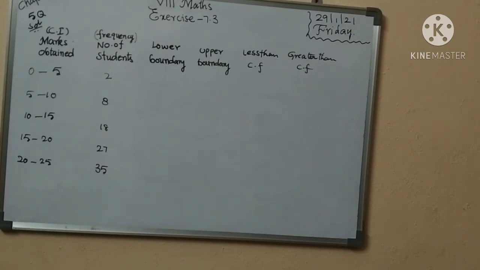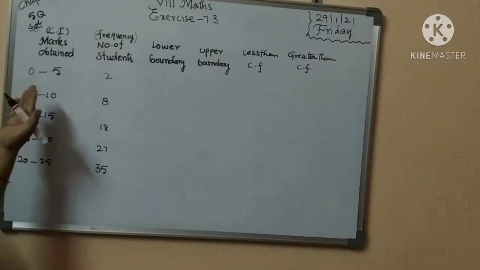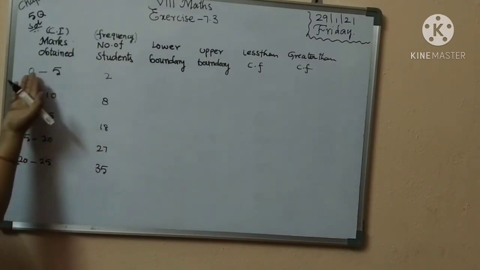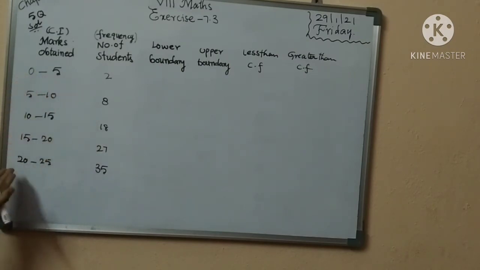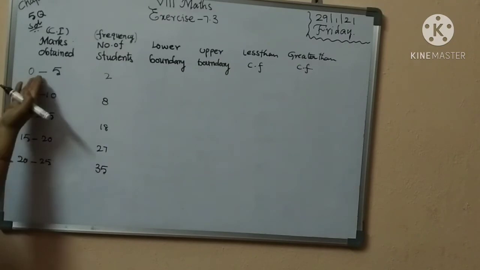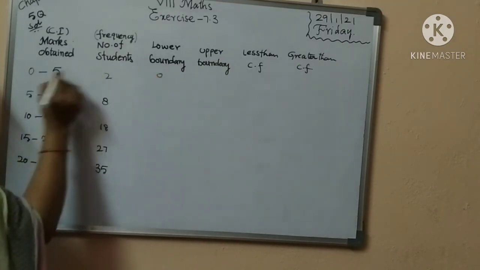Okay children, so here, the lower boundary. How to take the lower boundary? In the previous problem we explained that the right side value is the upper boundary and the left side value is the lower boundary. What is the left side value in the class interval 0 to 5? 0.